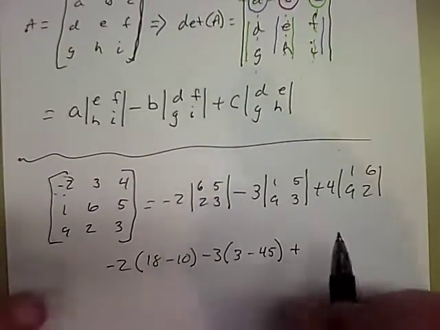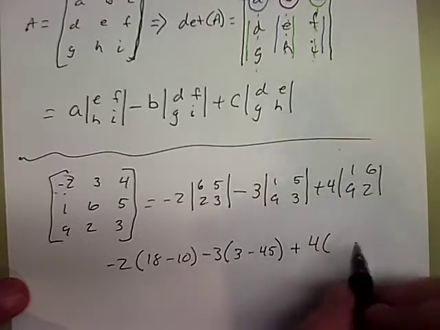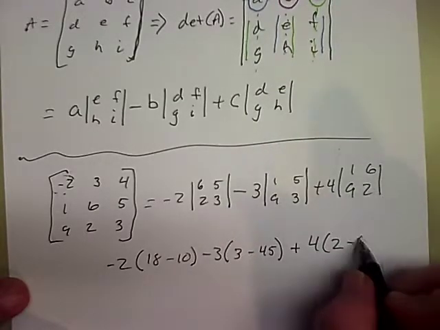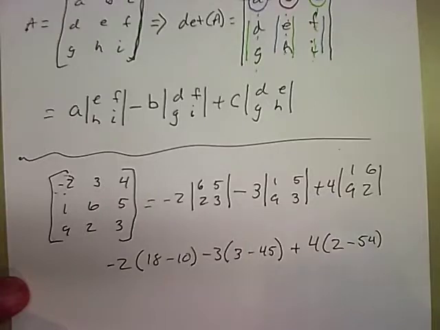Plus 4 times the determinant here: 2 minus 54.